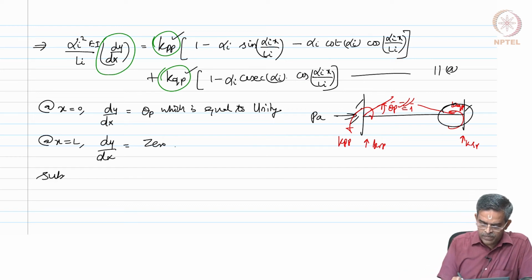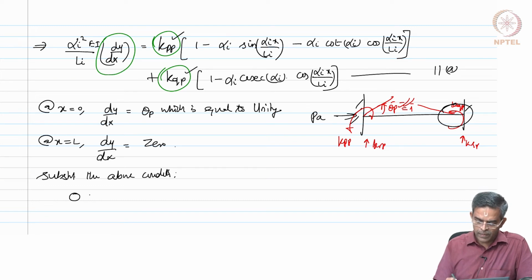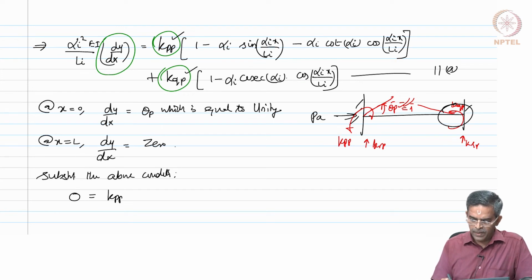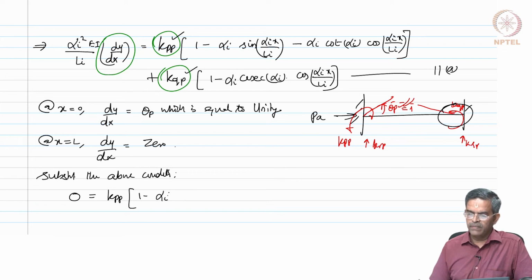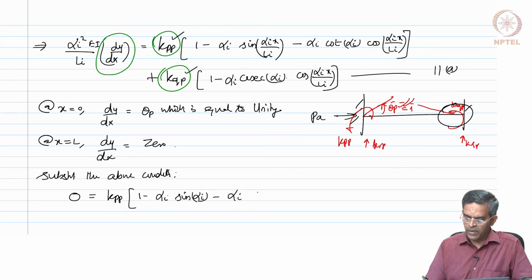Substituting the above conditions, the slope is 0 at x is equal to L. So, let us write that: KPP times 1 minus alpha I sin alpha I minus alpha I cot alpha I cos alpha I, am I right?